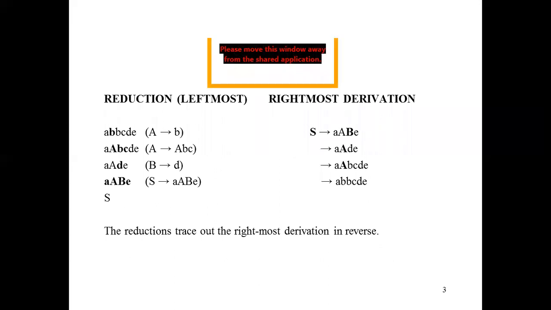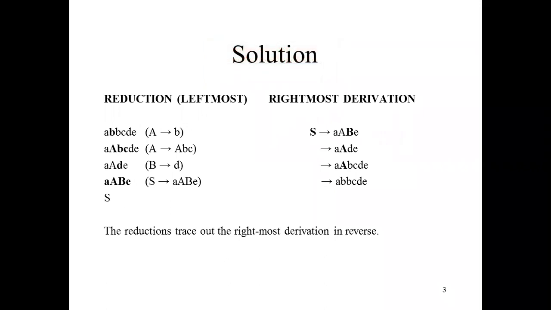If we draw the syntax tree in this case, we will get only a single syntax tree, that is unambiguous. Unambiguity in the given grammar. So the reduction traces out the rightmost derivation in reverse. So we are doing it in both forms, the reduction and the leftmost or rightmost derivation.